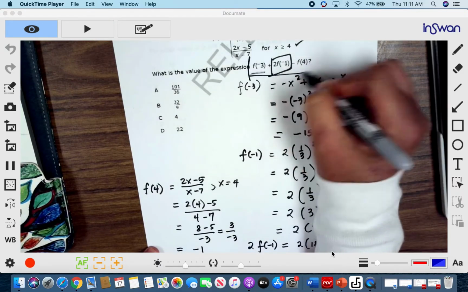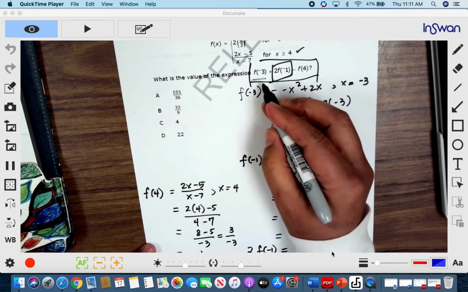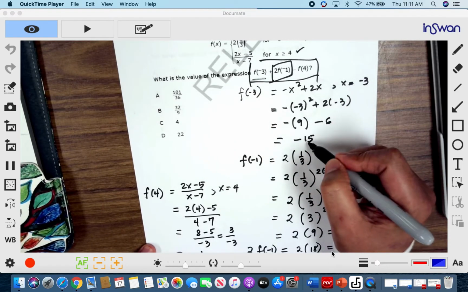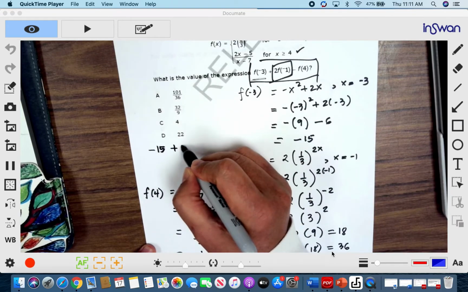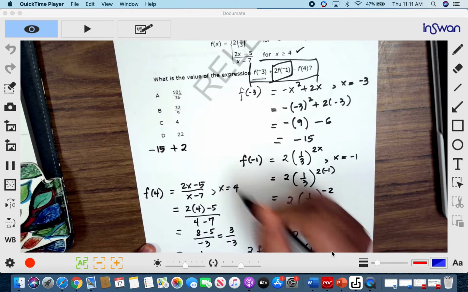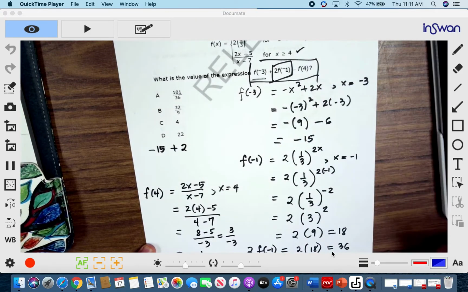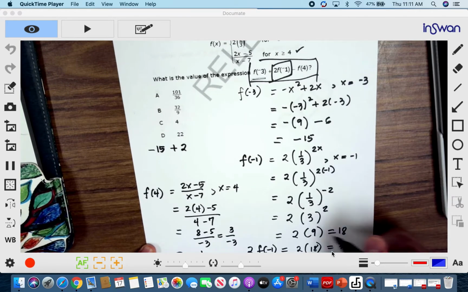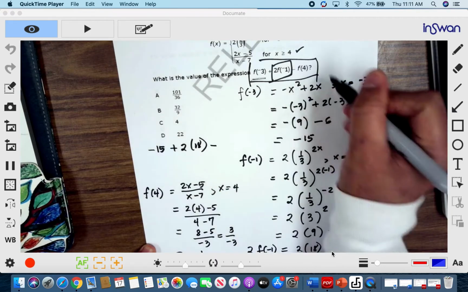We can now evaluate the expression that we are looking for. The f(-3) is -15, plus twice f(-1). We know already it's 36, but let's do it properly on the original expression. That's 18, minus f(4).